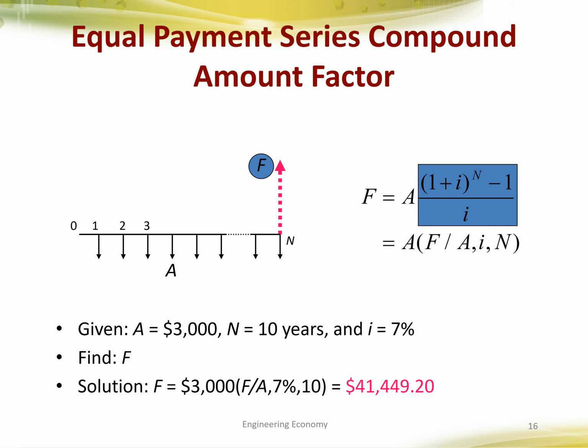But we can also consider the symbol that we introduced previously. That is, we assume that we know A, so given A, we want to find its future value. We want to find F, with the interest rate I and n periods.